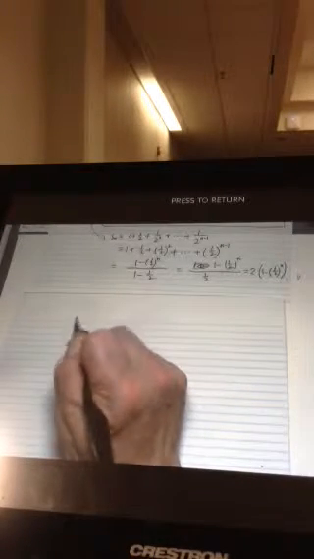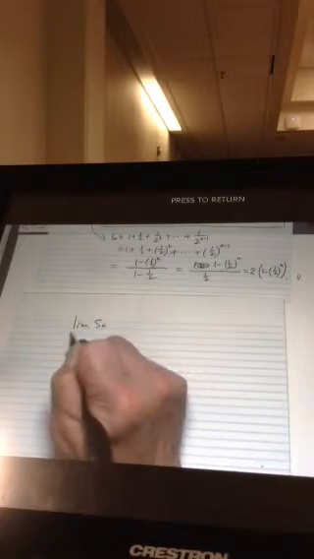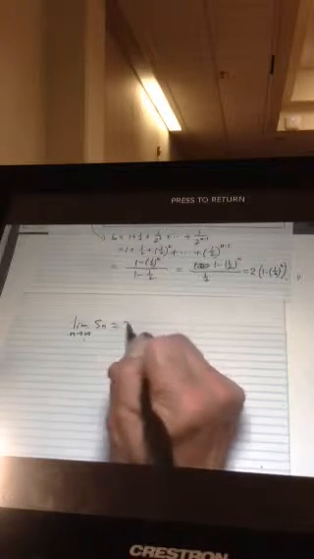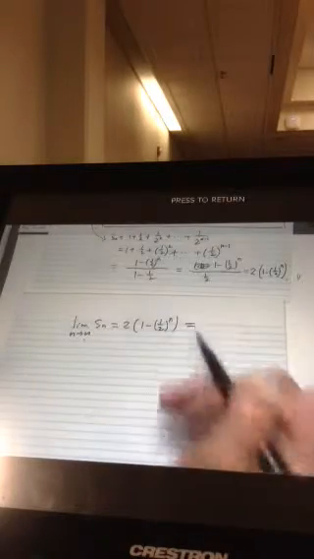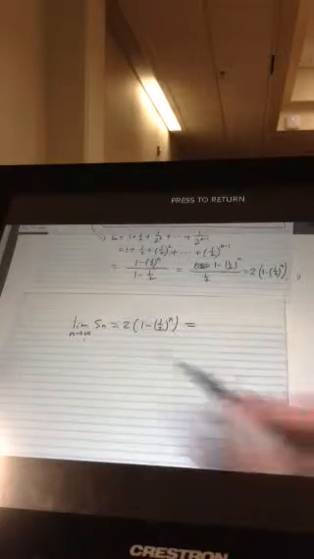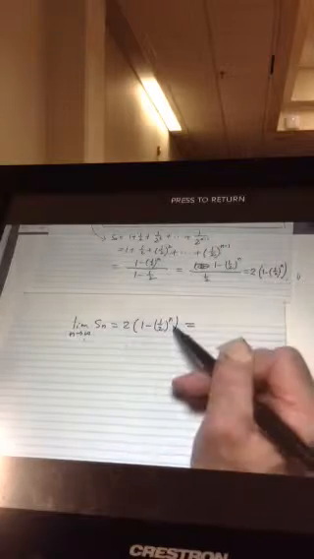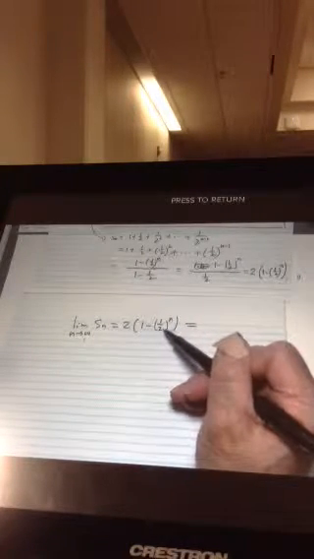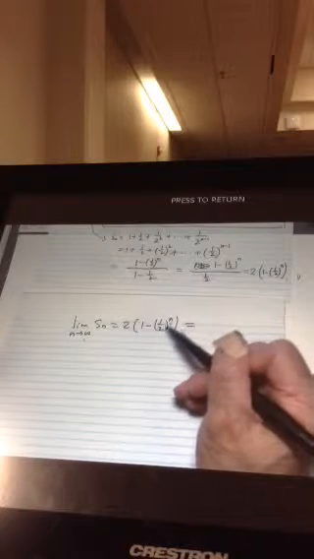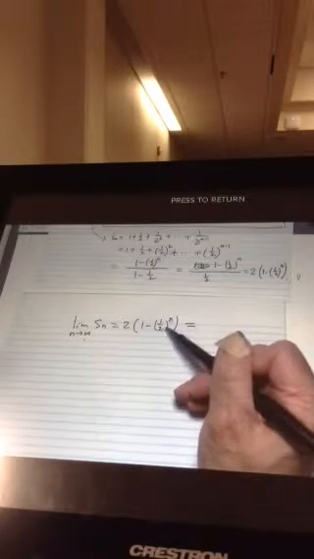So see if you can see it here. Alright, so I'm taking the limit of Sn when n goes to infinity. This is 2 times 1 minus 1 half to the n. When n goes to infinity, this goes to 0 because 1 half is less than 1. If I take more power of it, it's getting smaller.